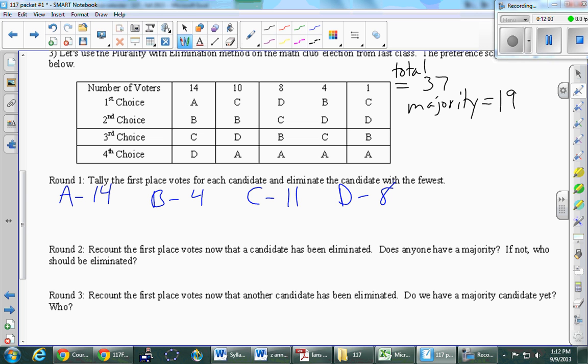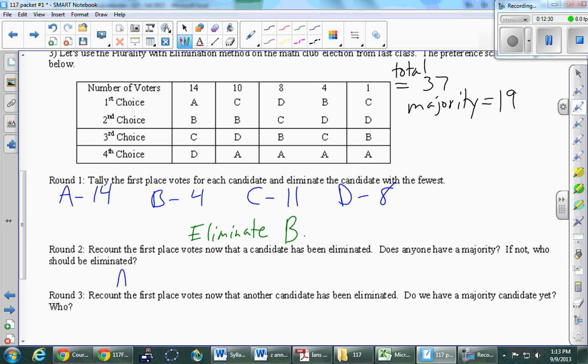It says now that we are going to eliminate the candidate with the fewest number of first place votes. You guys already told me we are eliminating who? Eliminate B. Okay, I'm going to show you a real common wrong way to answer this here.